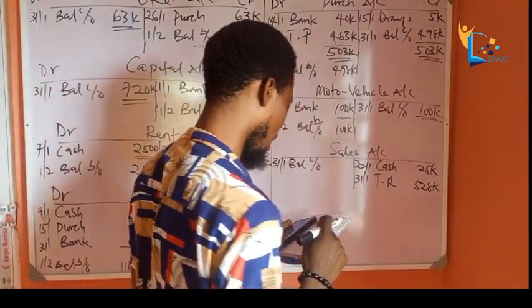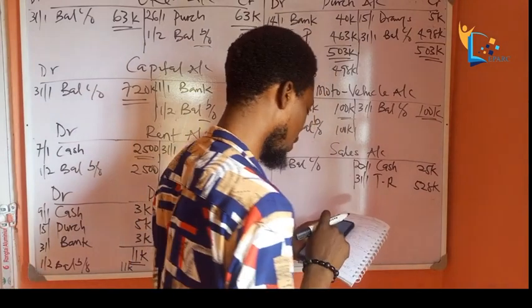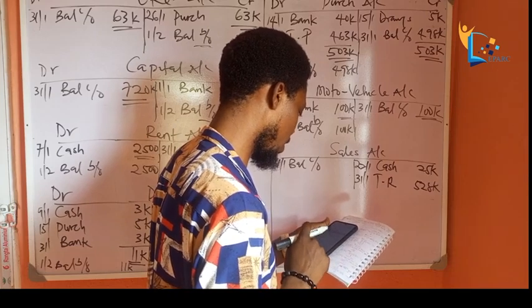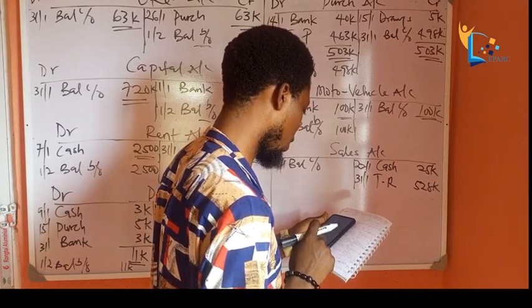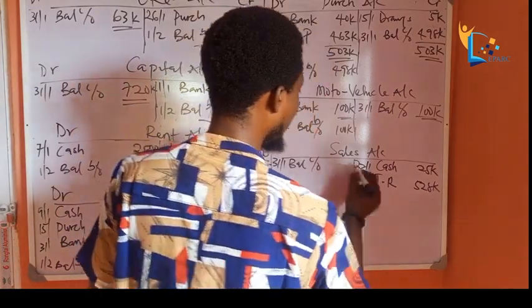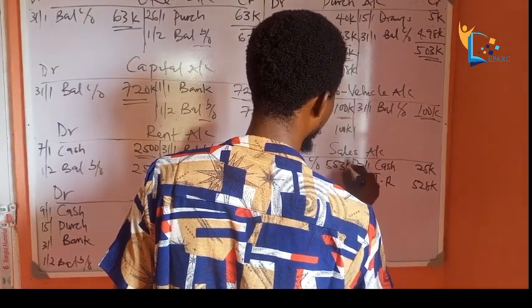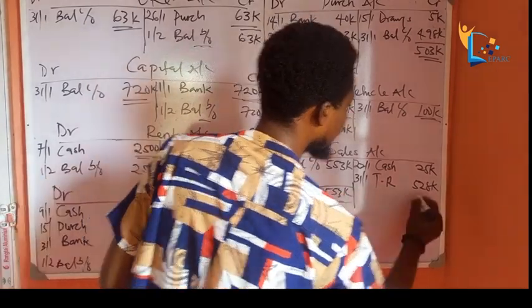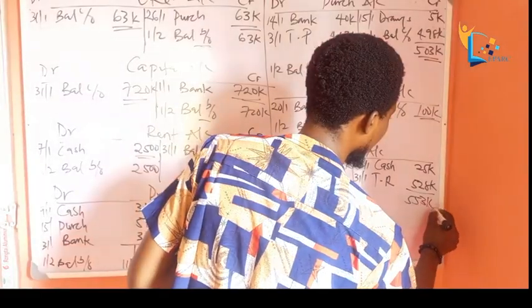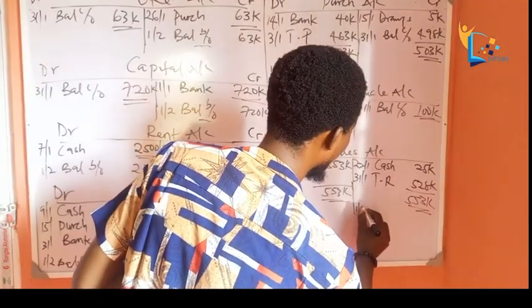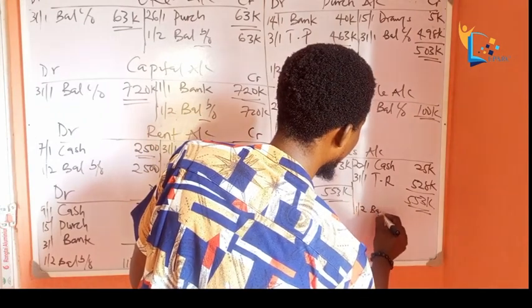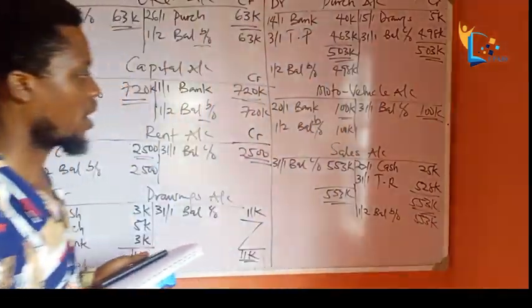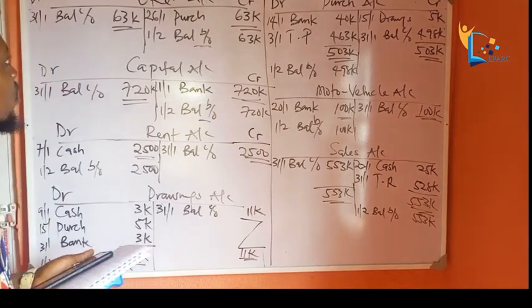We add 25,000 plus 528,000, which will give us 553,000. So balance carried down is 553k. So 1st of February, balance brought down 553k.